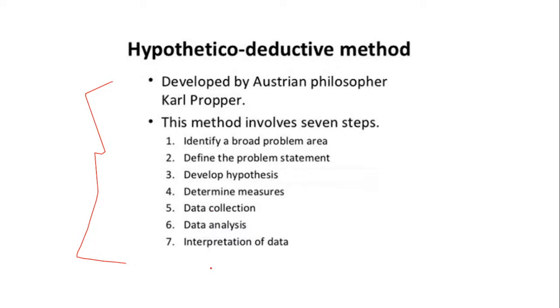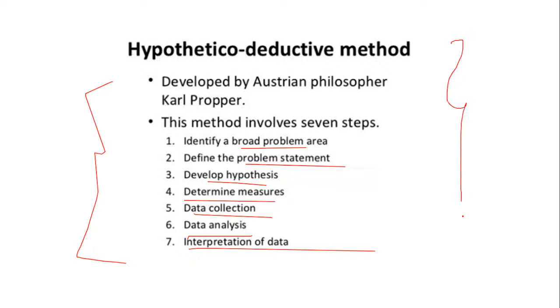It talks about identifying the problem area, defining the problem statement, developing the hypothesis, determining the measures of hypothesis, collecting the data, analyzing the data, and interpretation of data. This method is seen in quantitative research, and that's the reason it is also called the hypothetico-deductive method. So this is one of the characteristics of quantitative research.